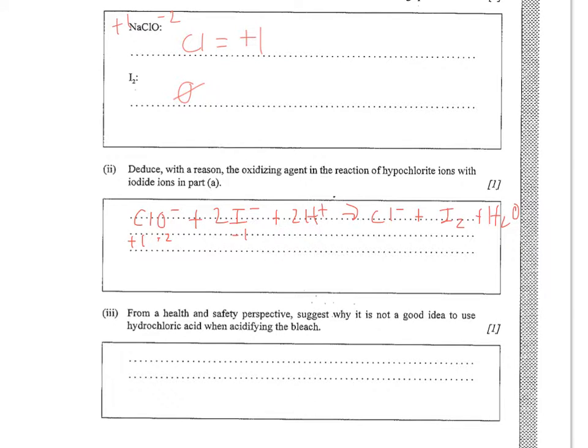This is a -1, indicated by the charge. This is a +1, indicated by the charge. -1 is indicated. 0, +1, and -2. So if I look for change, I see chlorine went from +1 to a -1, and that indicates it's been reduced. And that therefore makes it the oxidizing agent.